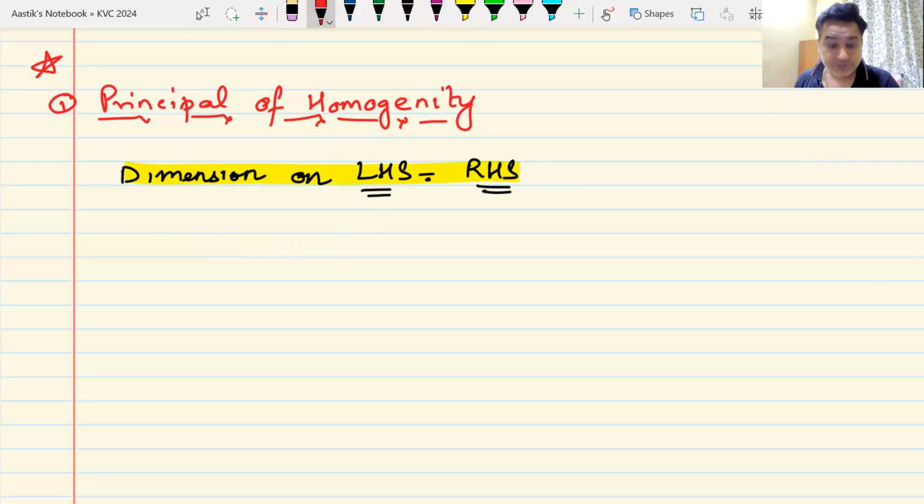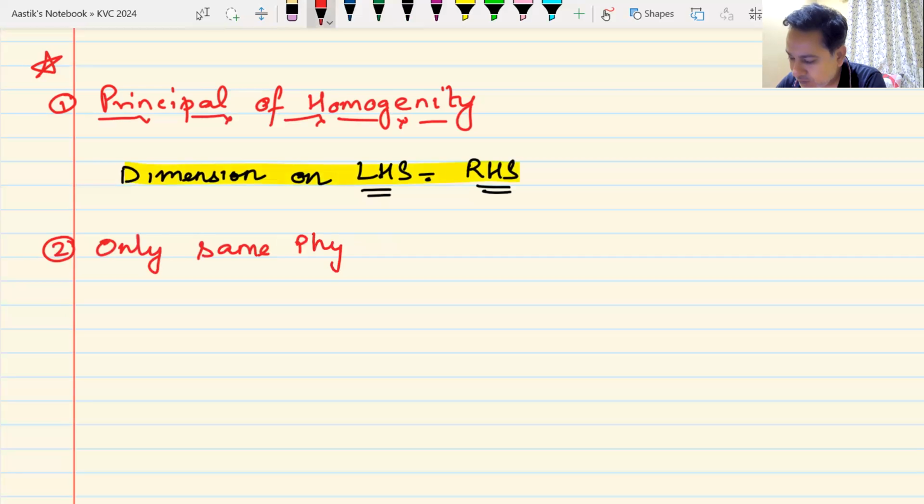Great. Now, that is the first point. Now, remember, only same physical quantities, which obviously have same dimension, because if the physical quantity is same, the dimension has to be same.